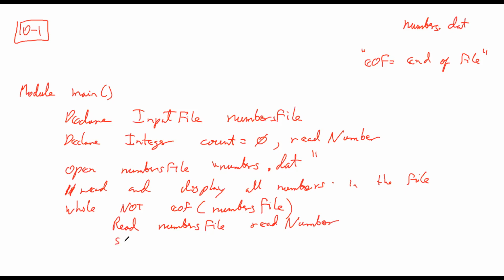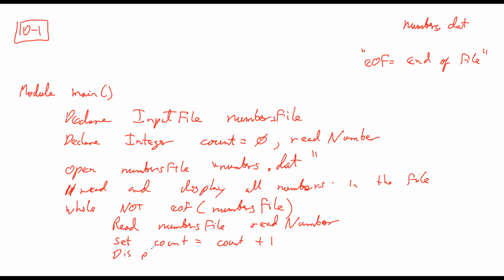Then I'm going to do set, and I'm just going to keep track of a count. The count is initialized to 0. So then I can do count equals count plus 1. And then finally, the point of this is to display.